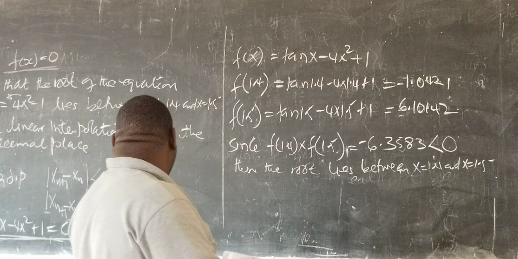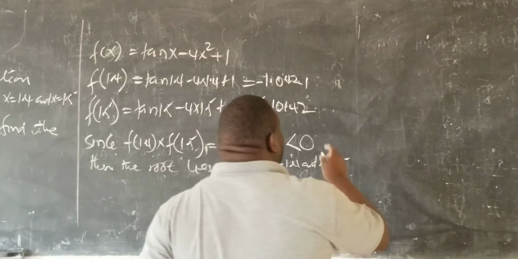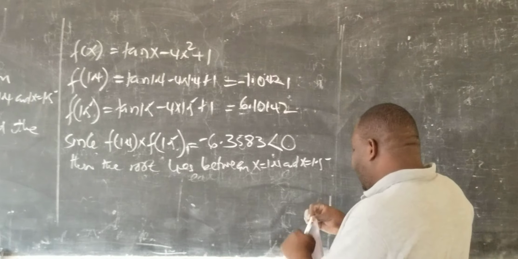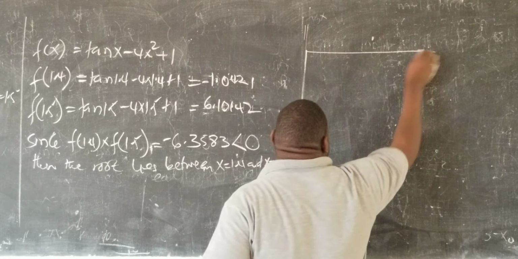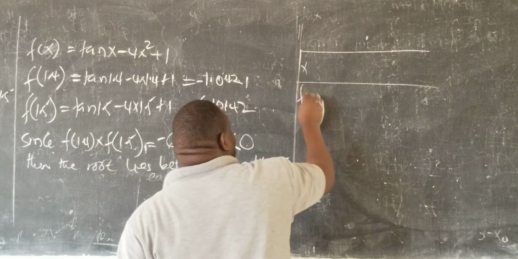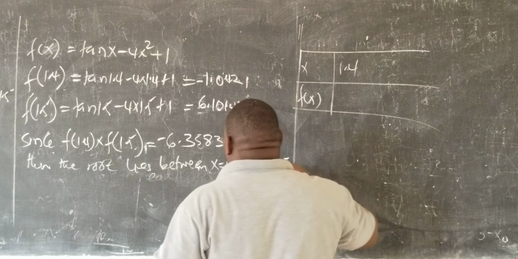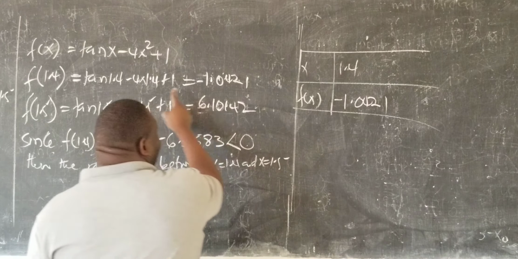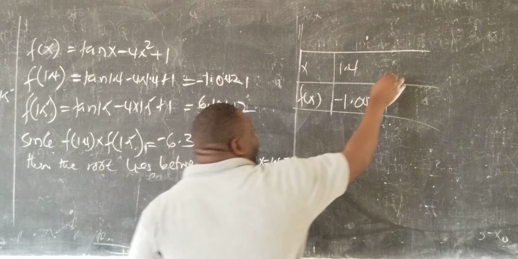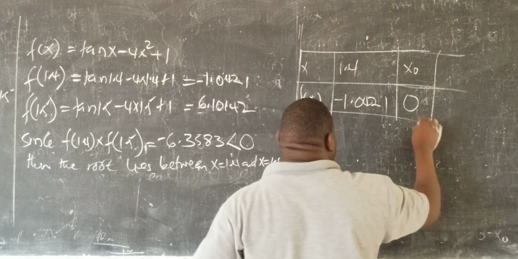So we come to the part of using linear interpolation. We do the same thing that we did earlier. We draw the table with values of x and values of f of x. So 1.4 corresponds to negative 1.0421. If x naught is the root of the equation, then when you substitute it there, you get 0.